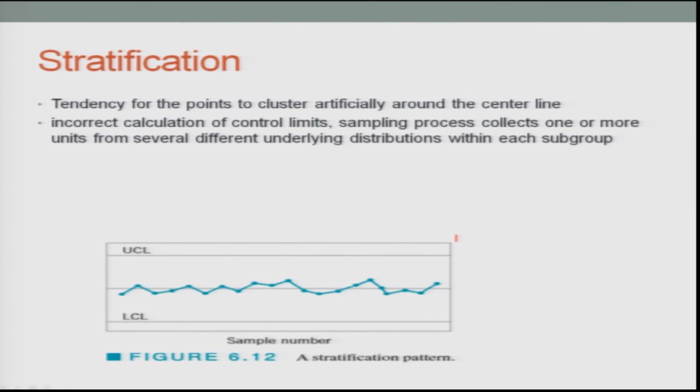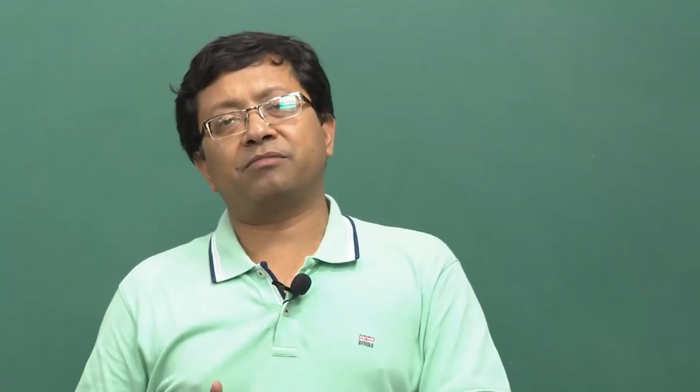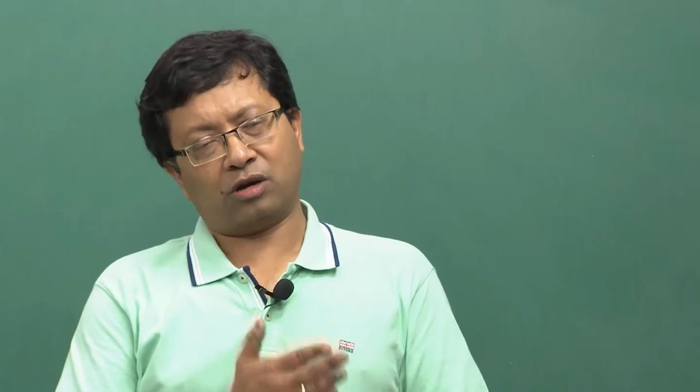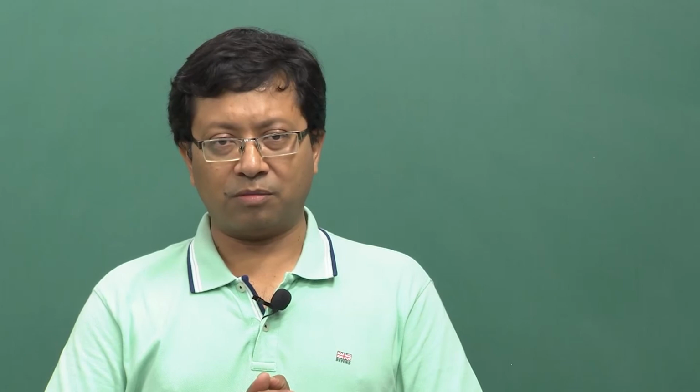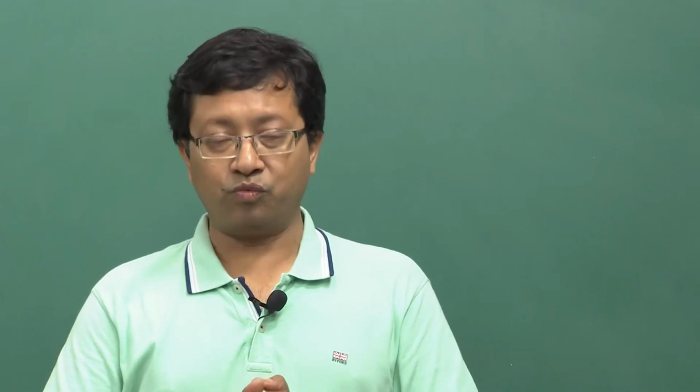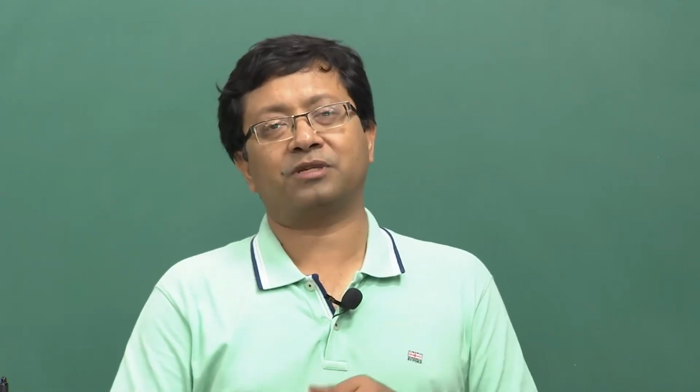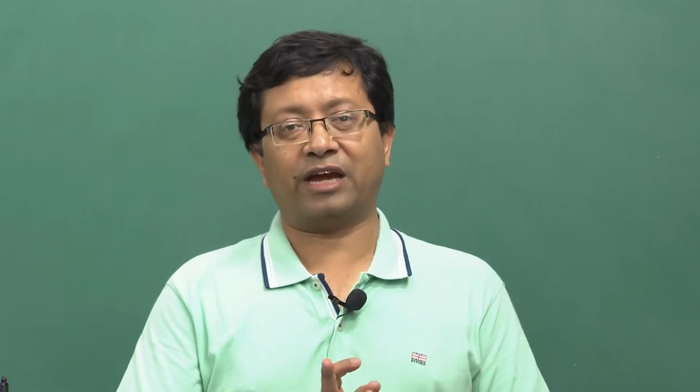Say, for example, due to some reason you were planning to take observations at 9 o'clock, 10 of them, then again at 10 o'clock, 10 of them, 11 o'clock, 10 of them, and you should continue. But say due to some reason at 9 o'clock you are not able to take the observations. What the operator may do, which is definitely not right, is take about 20 observations at 10 o'clock in the morning to compensate for not taking the set of 10 readings at 9 o'clock.